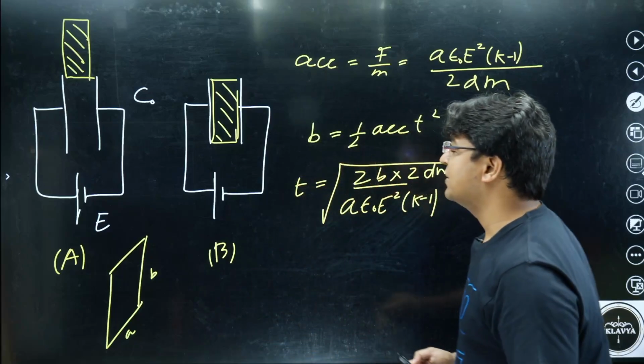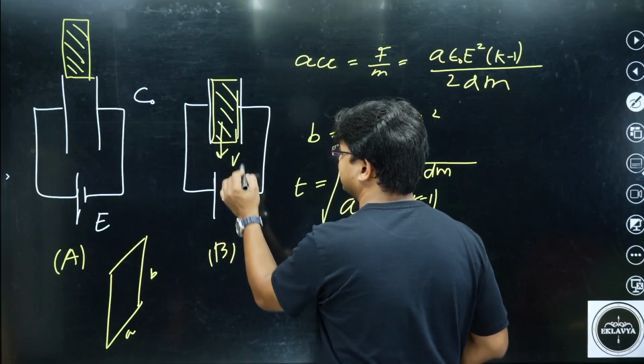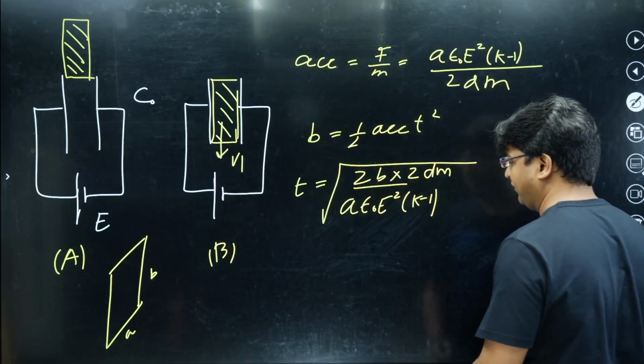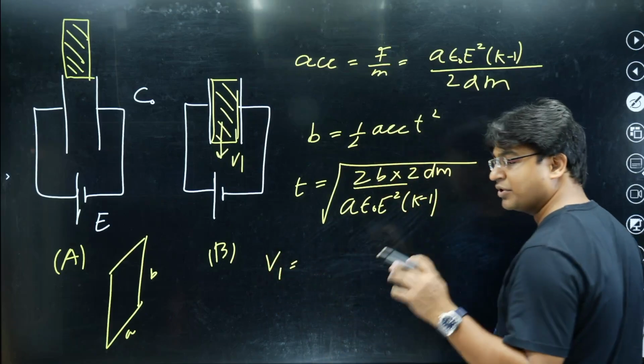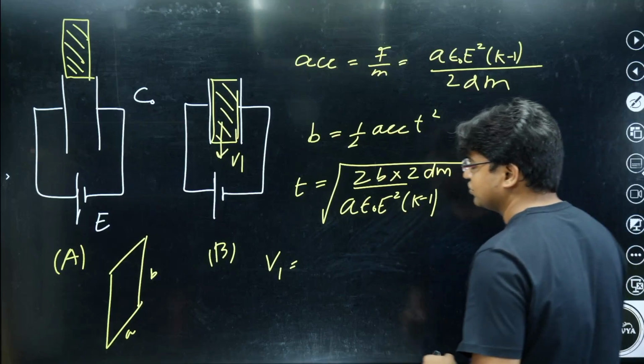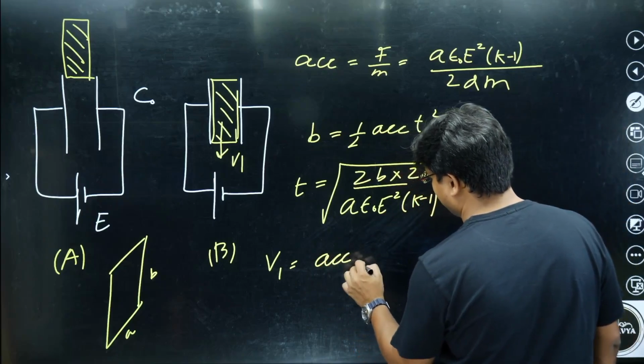Now the second question is, by this time, can we say that the slab would have acquired some speed, let's say v1? Obviously it would have, and because the acceleration is constant, you can use root 2as. You have already found the time, you can use acceleration into time.